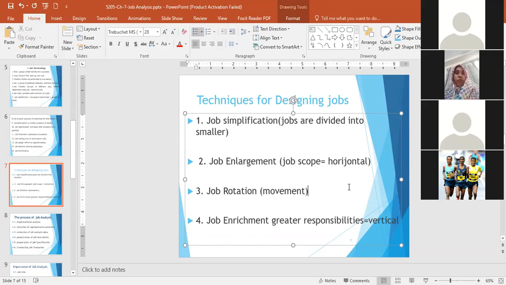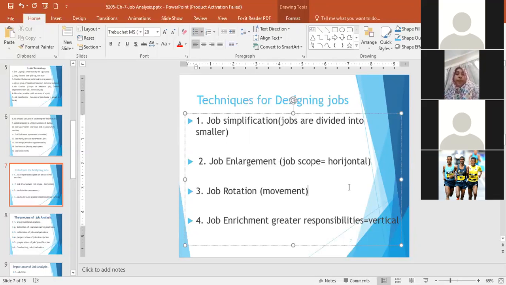Job rotation is movement of an employee for a short time, temporarily, okay. Short time. For a short time, this one is called job rotation, okay.